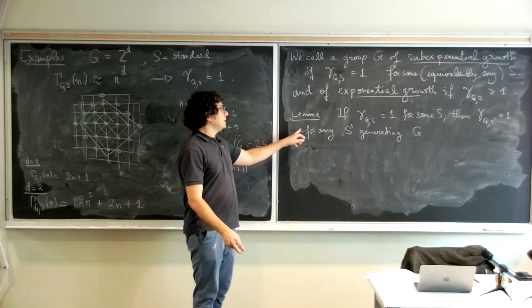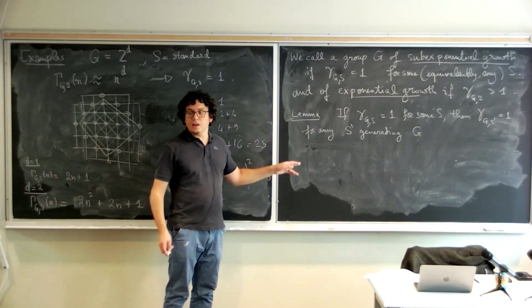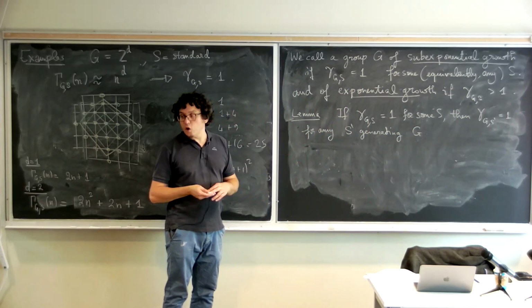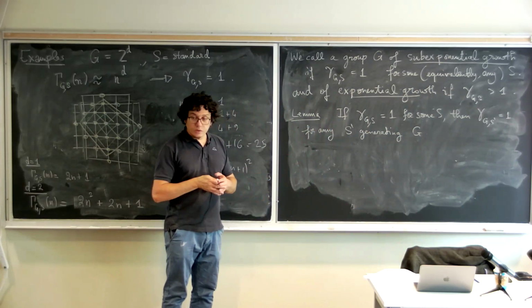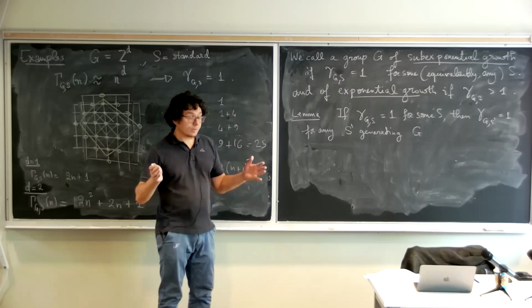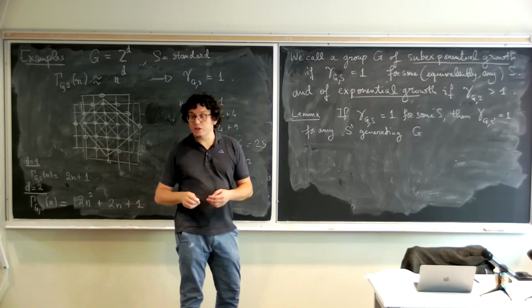This follows from the property that we said before of the word metric being quasi-isometrically invariant.